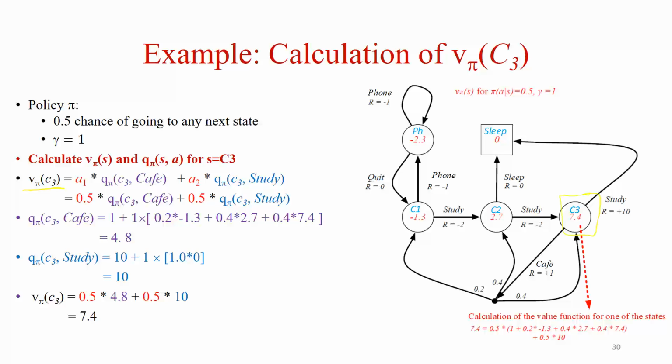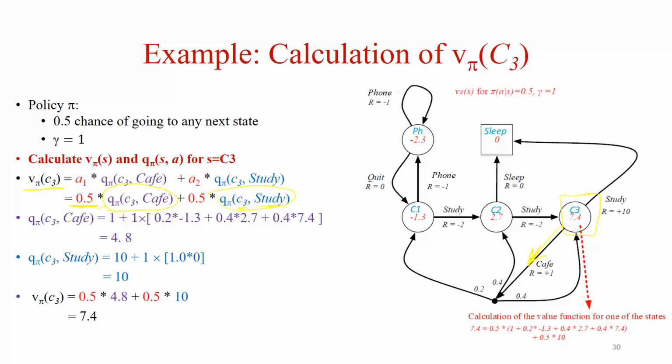This equals 0.5, which is the action going from C3 to the cafe, which is right here. Now I need to compute the action value of the cafe leaving C3, and 0.5 times the action value of the action study leaving C3.